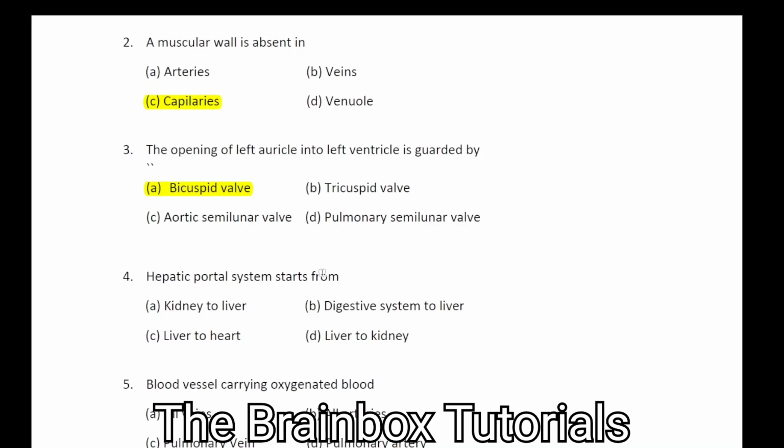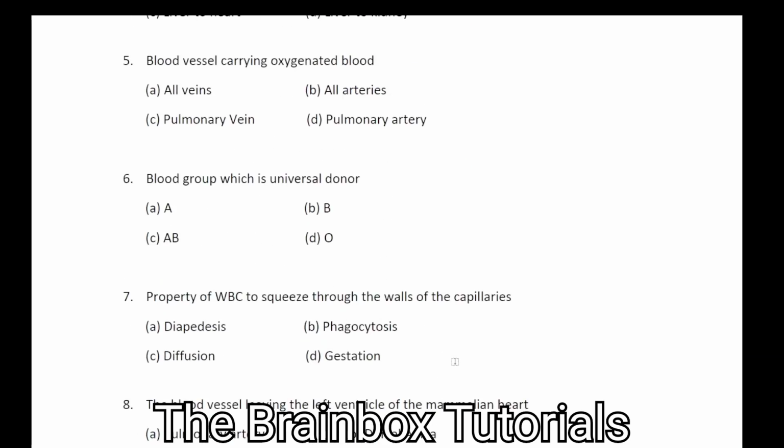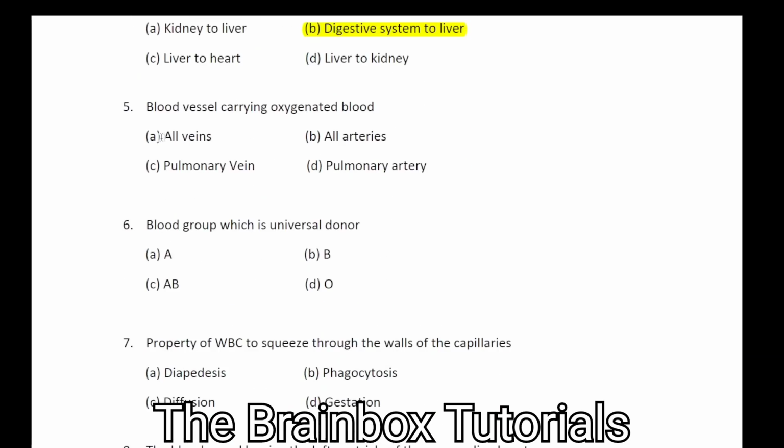Number 4. Hepatic portal system starts from A kidney to liver, B digestive system to liver, C liver to heart and D liver to kidney. And the correct option is B digestive system to liver. Now coming to number 5. Blood vessel carrying oxygenated blood.